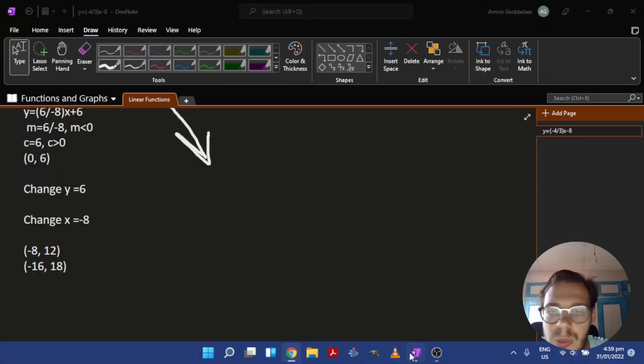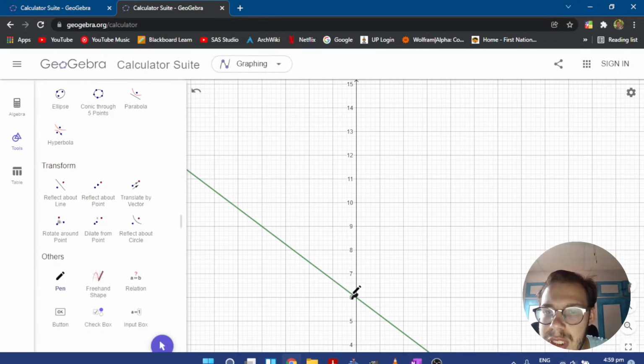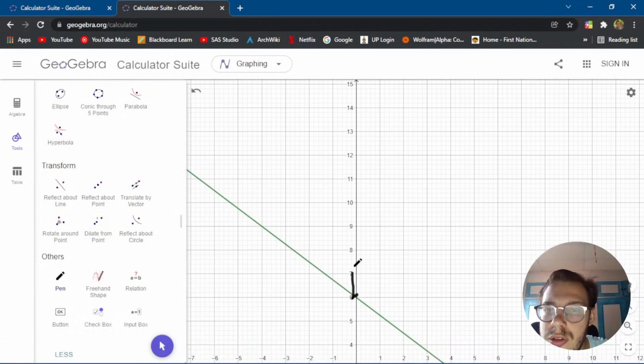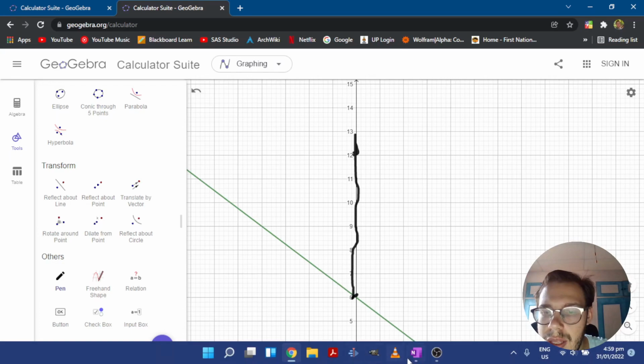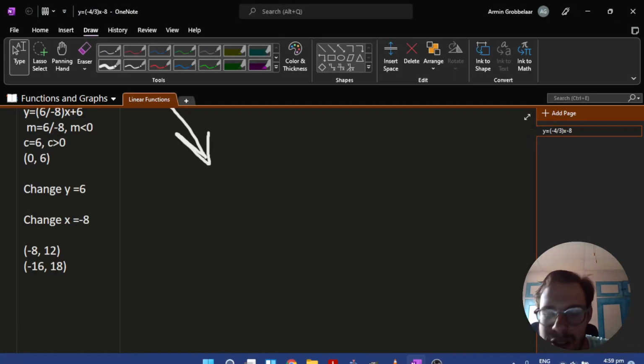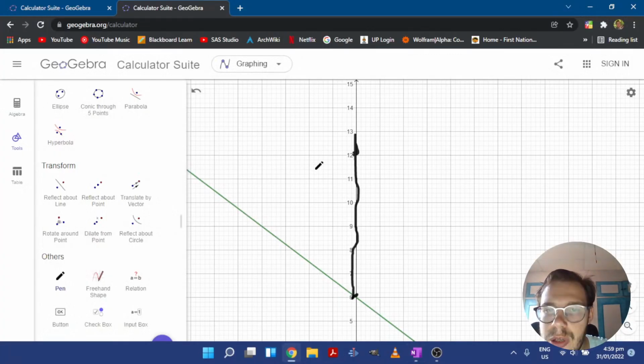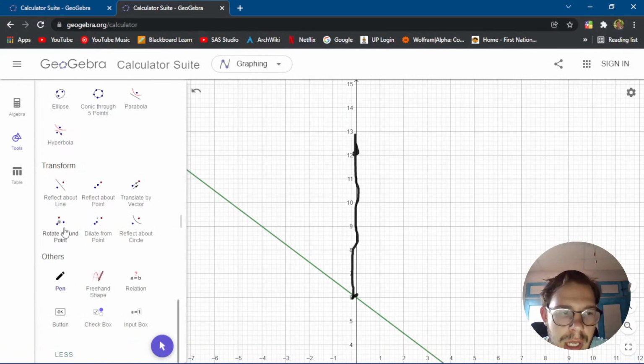So the change in y is 6, so we're moving up 6 points, so that's 1, 2, 3, 4, 5, 6, there by the 12. And then the change in x is minus 8, so we move 8 units to the left.